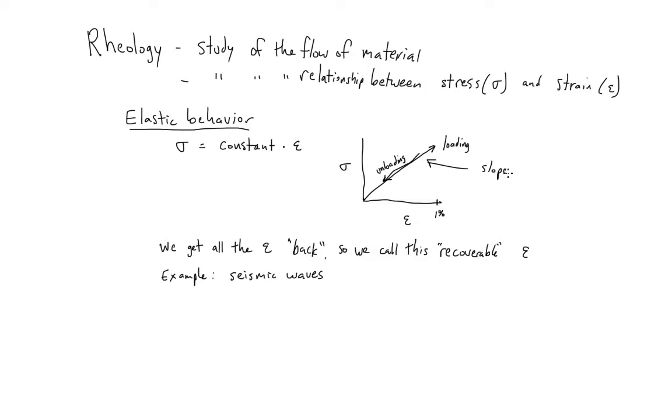The slope is what we call a modulus. Some things you apply a little bit of stress and they really deform. That'd be something down here. Other things you have to apply a tremendous stress to get any little strain at all. So that ratio is basically the modulus.